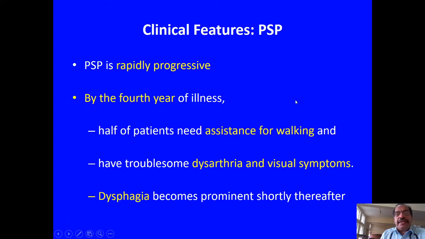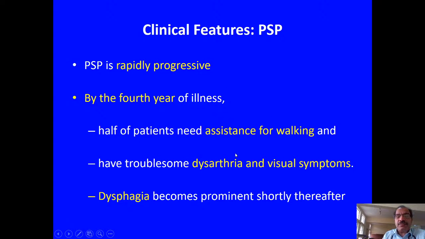Just like MSA, PSP is also a rapidly progressive neurodegenerative disorder. So within a few years, within 2 to 4 years, most of the patients will have significant manifestations related to either rigidity or ocular movement or some higher mental dysfunctions. So many patients within 4 years will need some help while walking or while turning in the bed.